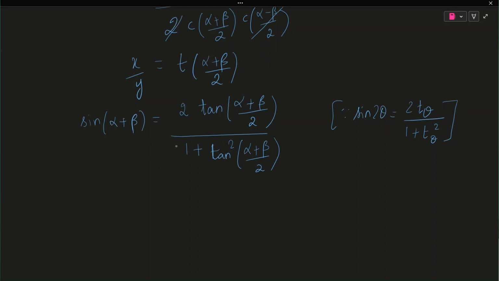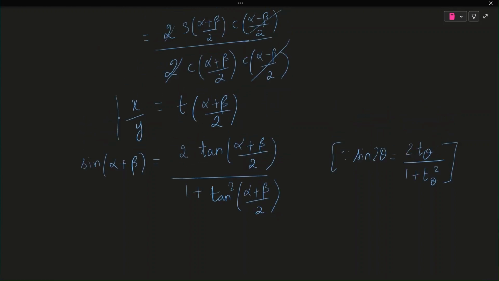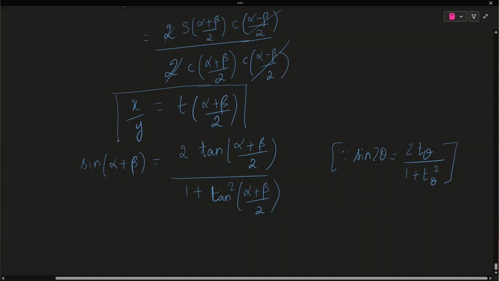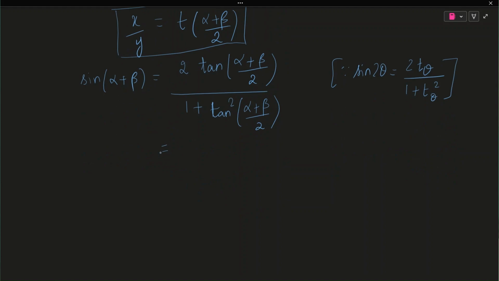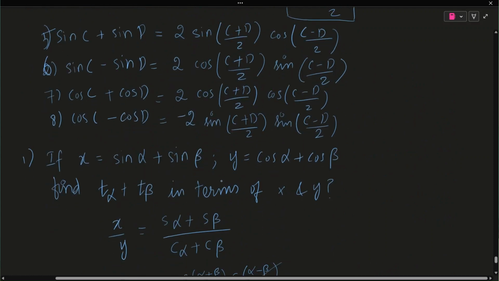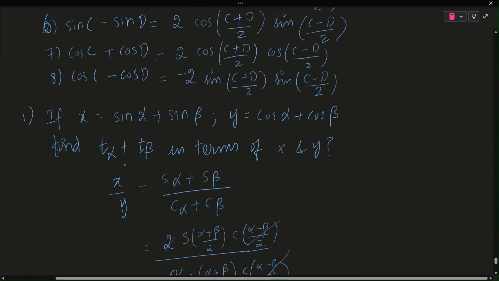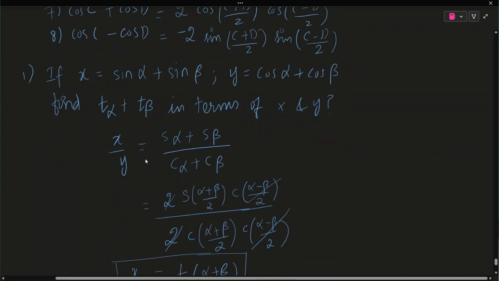Now I'm just substituting x by y. We got this, right? So I'm just substituting that. I'm doing this because I want tan alpha plus tan beta in terms of x and y.